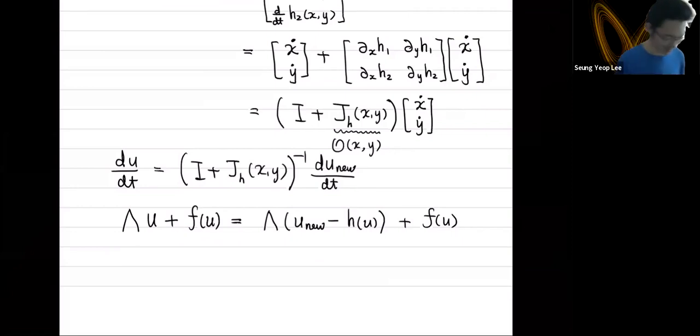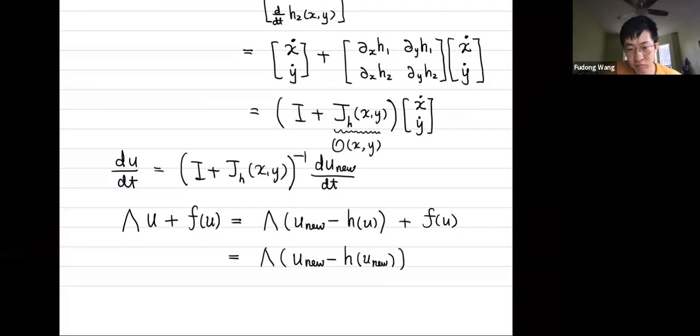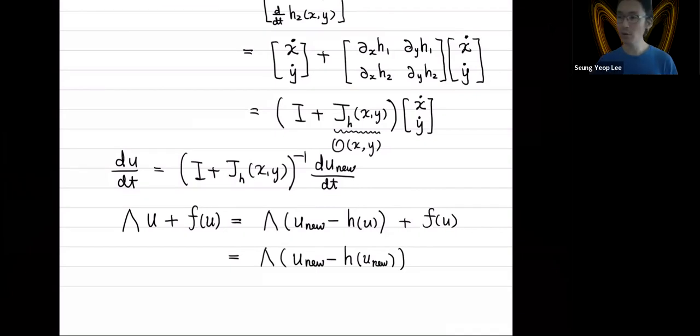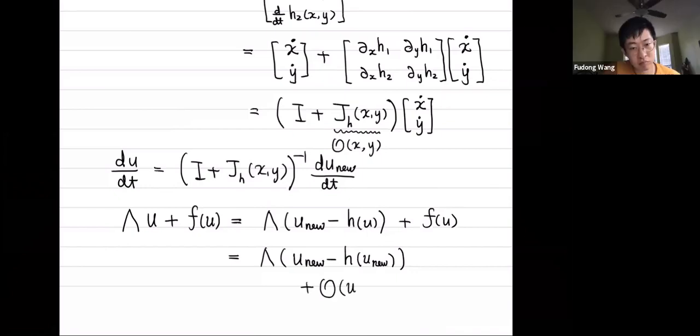So this thing is u nu minus h of u. Since h is quadratic in x and y, if I change u into u nu, then there is a difference of cubic order. So the difference will be big O cubic.